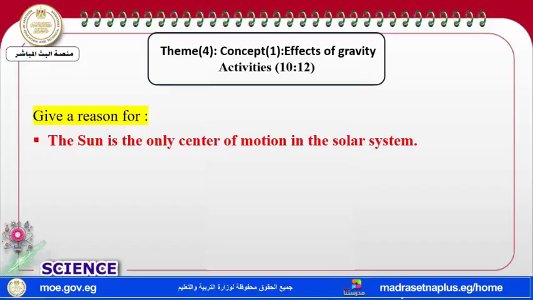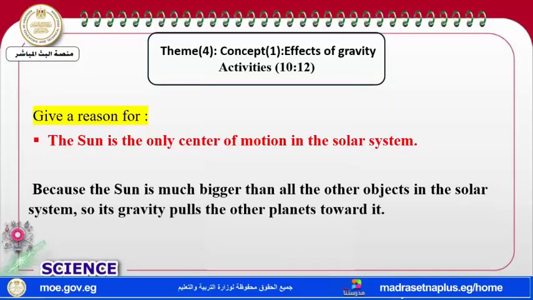Here, my dear students, there is just one center and one star in the solar system, which is called the sun, and this sun is found in the center of the motion of the solar system.